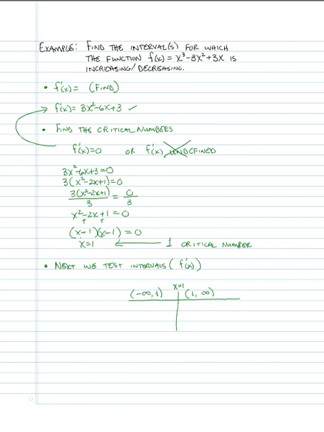So what we're doing here, of course, is we're going to test. We need a test point. So I'm maybe going to test something like 0, which is in that interval, isn't it? So I need to test the derivative when x is 0.